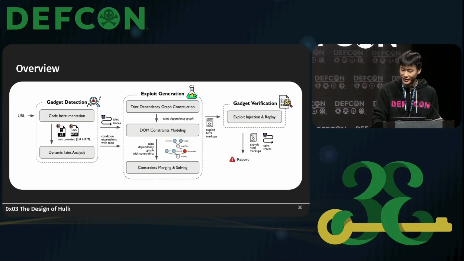Next, based on the taint trace, we extract the data flow and control flow constraints and use them to generate the corresponding exploit markups. Finally, we insert those crafted markups into the page and replay the execution and check whether the payloads reach the sink, confirming whether the gadget is really exploitable or not.